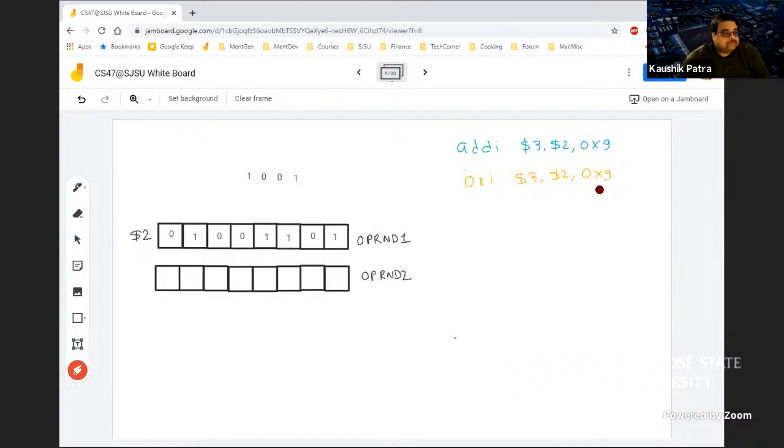And let's also assume this is an 8-bit computer, so we can extend a similar concept to 16-bit and 32-bit as well. But let's assume this is an 8-bit computing system. Now ask yourself about this ADDI operation.